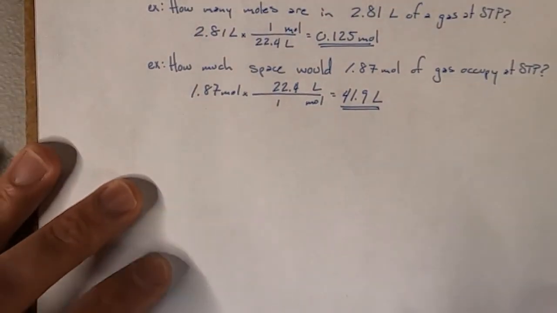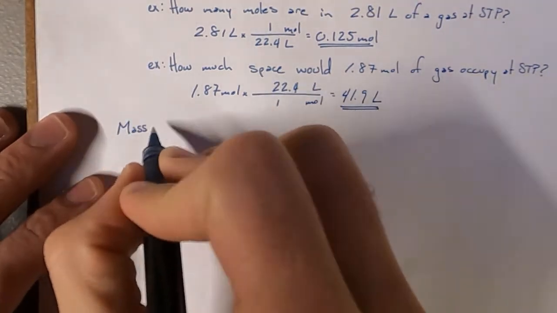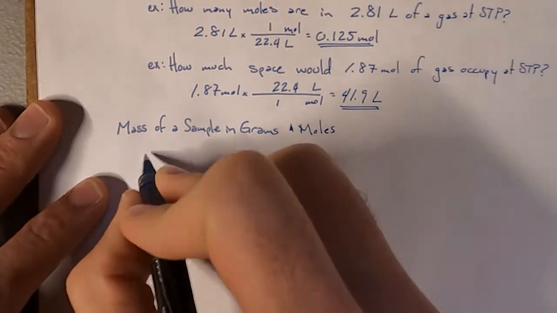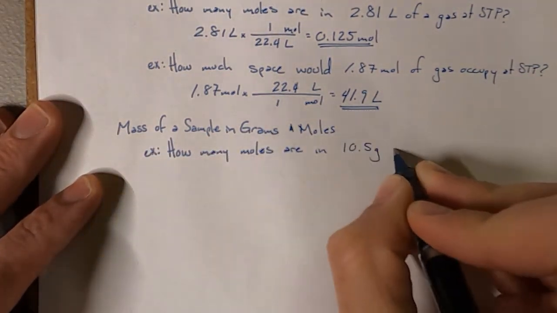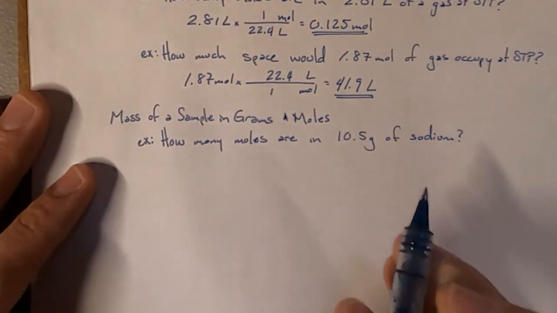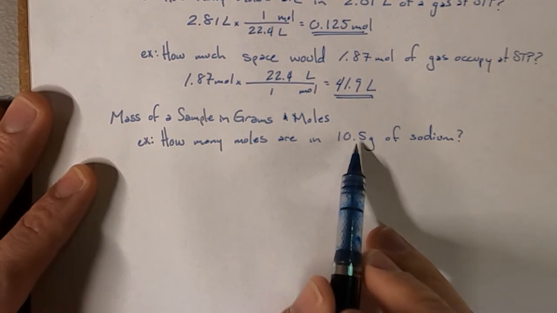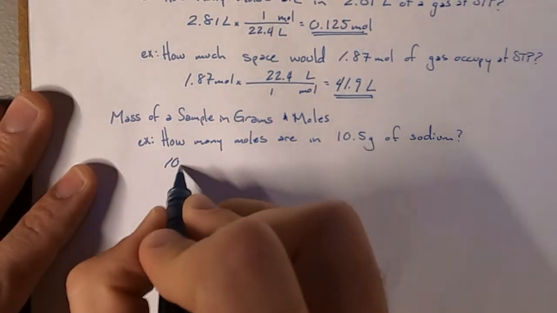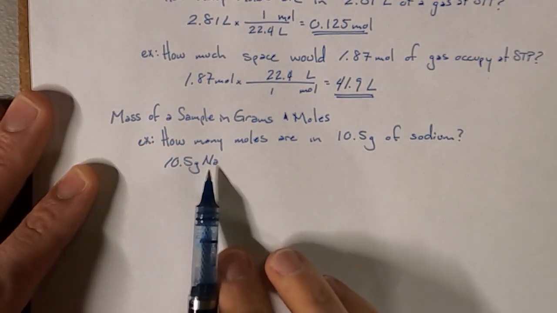And last, we'll look at mass in grams and moles. So this, we're going to take a mass in grams and convert it to moles. And it's important to note what substance it is. And so in the units, I've put not just grams, but that it's grams of sodium.